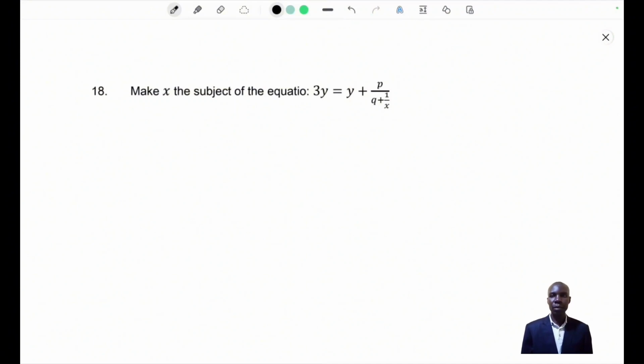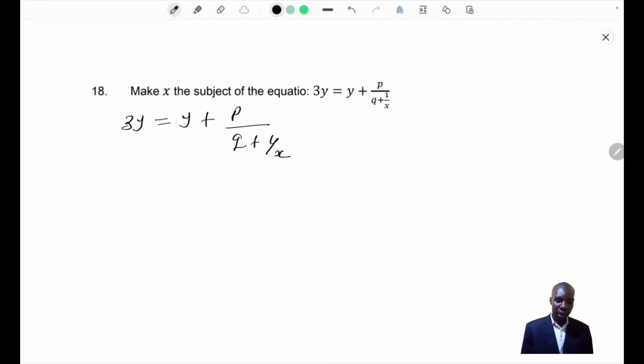Number 18. Can we look at number 18? Make x the subject of the equation. The equation that we are given is 3y equals y plus p over q plus 1 over x.